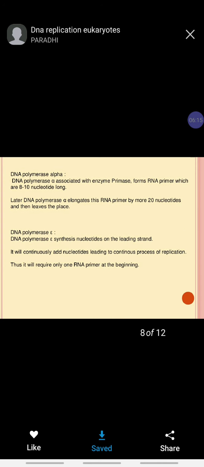The feature of DNA polymerase alpha is that it is an enzyme associated with primase, also called the primase enzyme in the case of eukaryotes, which forms the RNA primer that is 8 to 10 nucleotides long. So the main function of DNA polymerase alpha is to synthesize the primer. Later DNA polymerase alpha elongates the RNA primer by about 20 nucleotides.